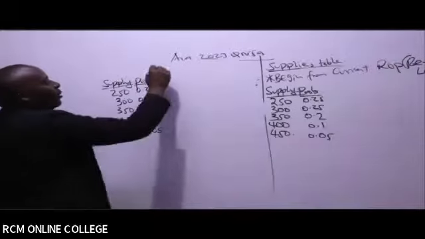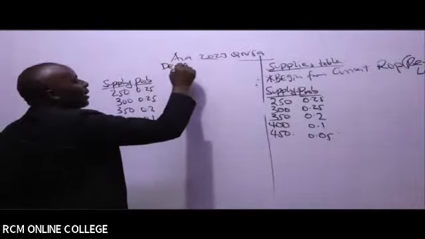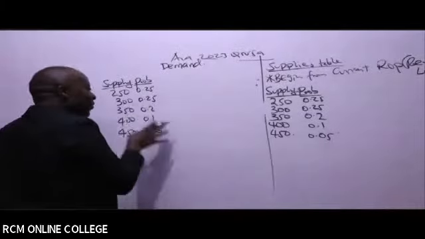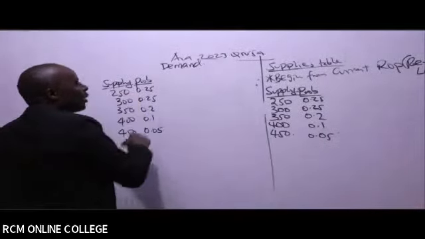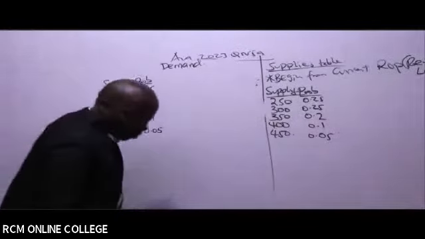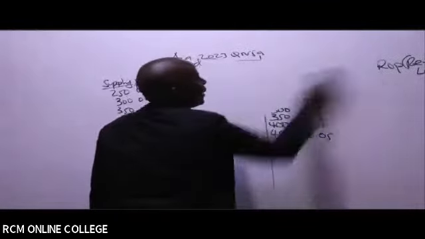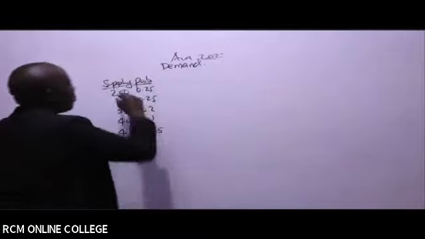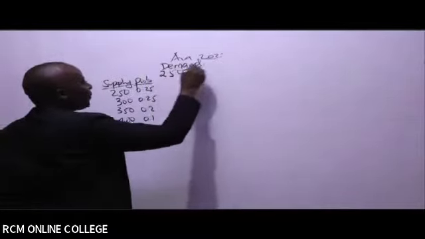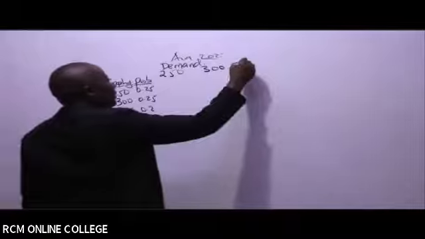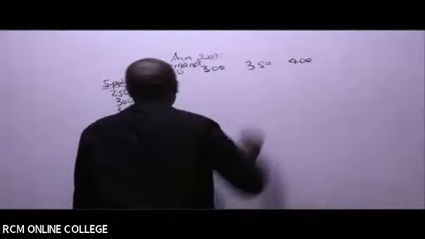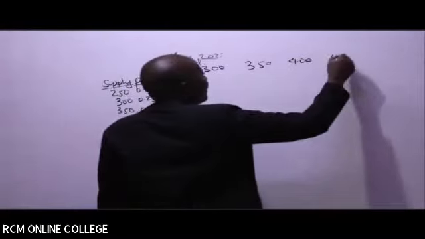And then I will write here demand. Remember the payoff table that we did: the supplies that you have here will be the demand figures on the other side. So then we have 250, 300, repeating the same numbers, 350, 400, 450, like that.